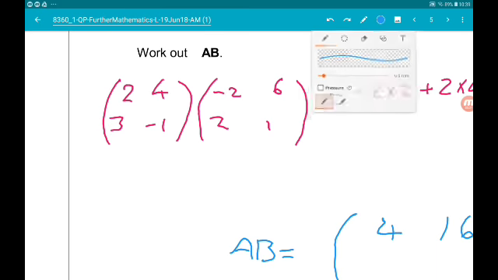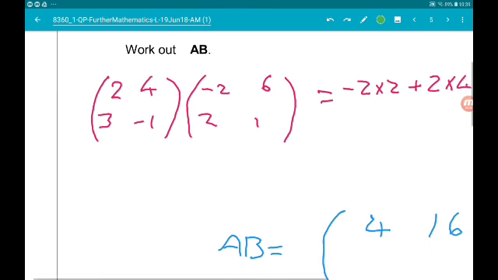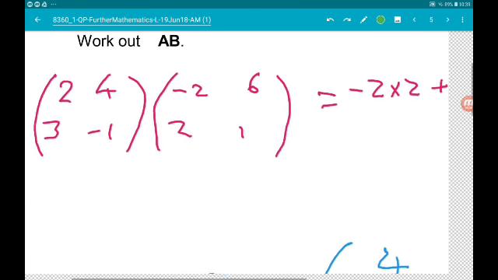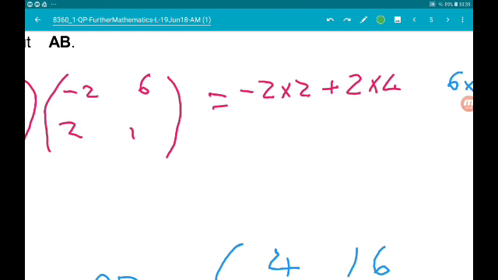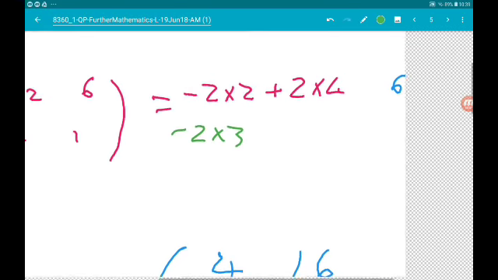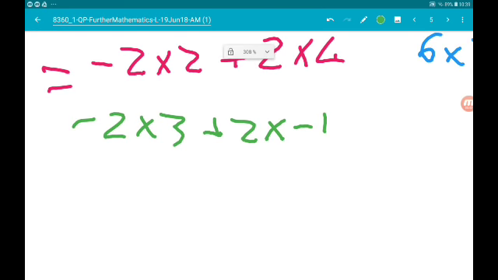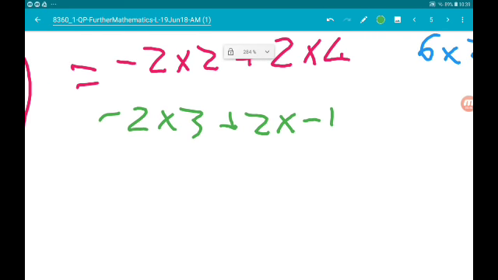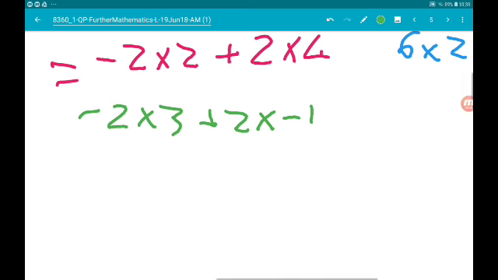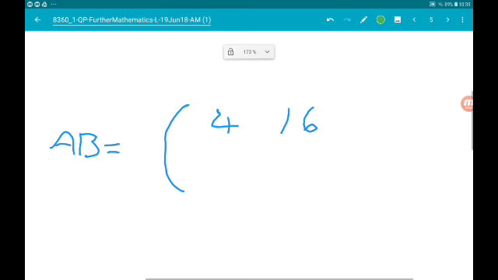So that's going to give us minus 2 times 3 add 2 times minus 1. Now that's going to give us minus 6 minus 2. So that's going to give us minus 8.